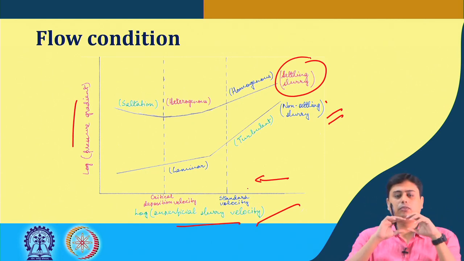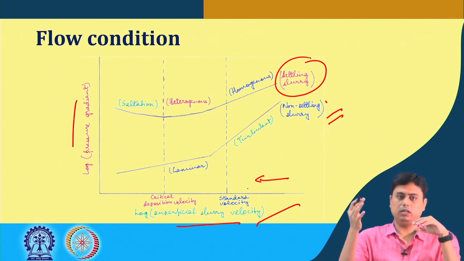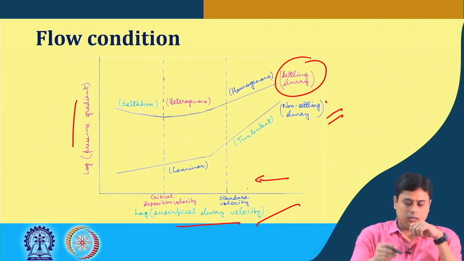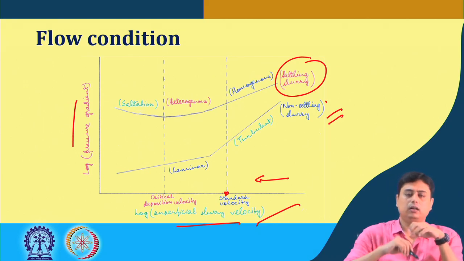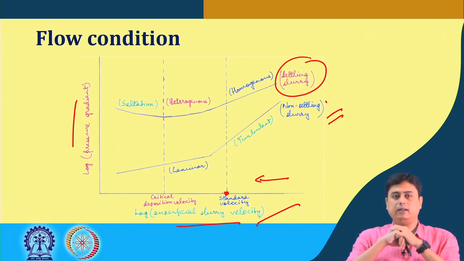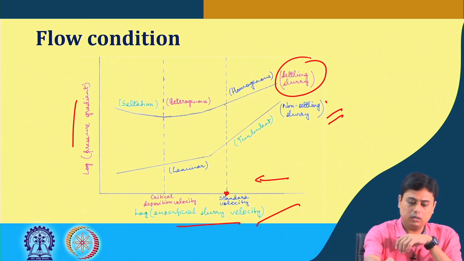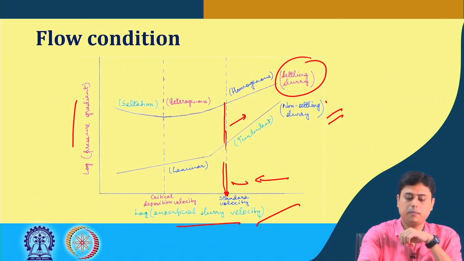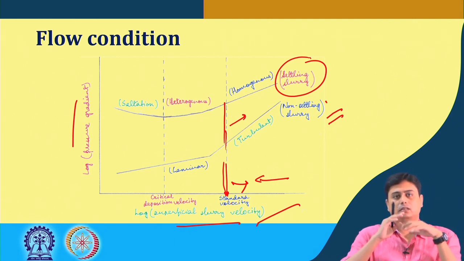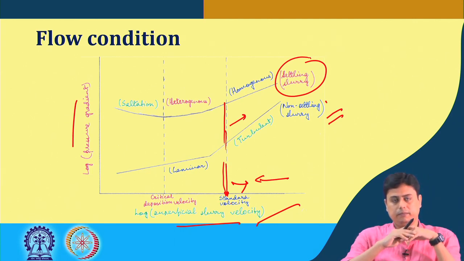The amount of particles at the bottom would be lesser in this case because of the high bulk velocity of the liquid. For that we need a critical velocity called the standard velocity. If the velocity is higher than the standard velocity, then this settling slurry behaves as if it is a homogeneous flow.